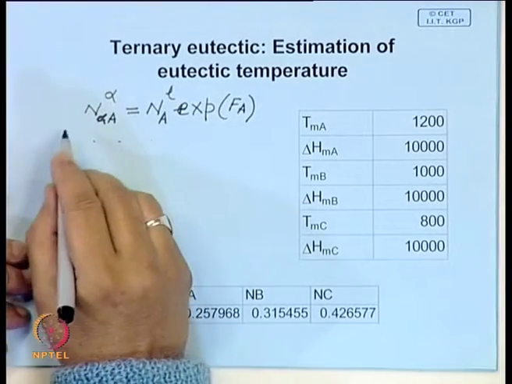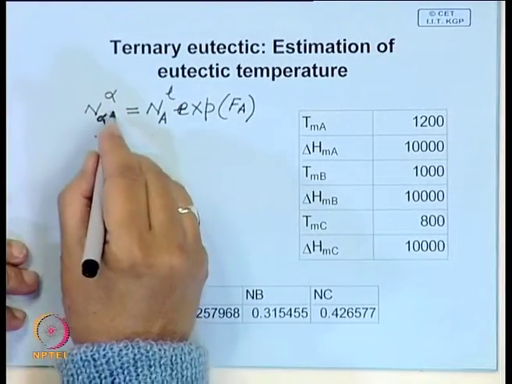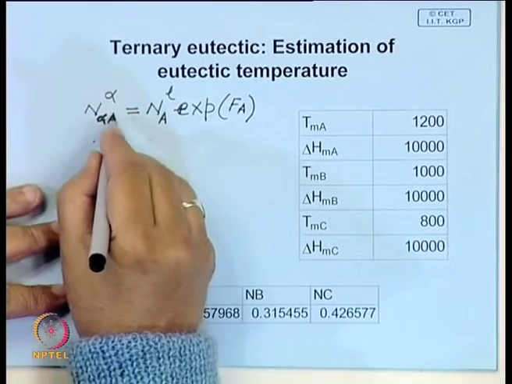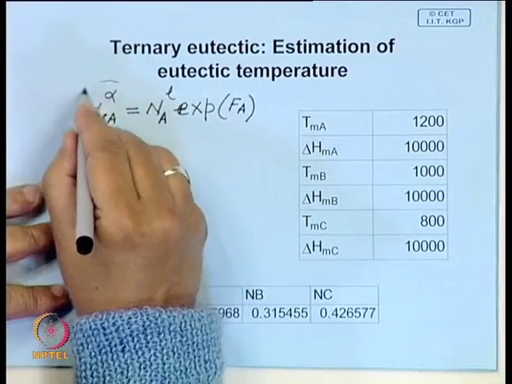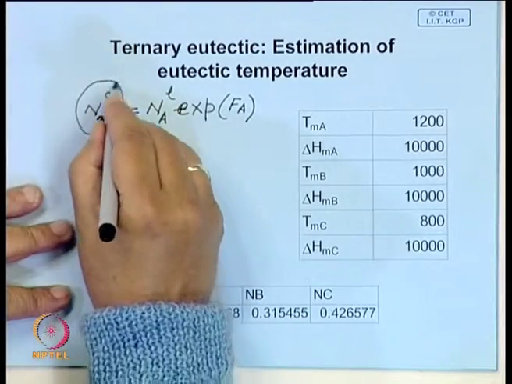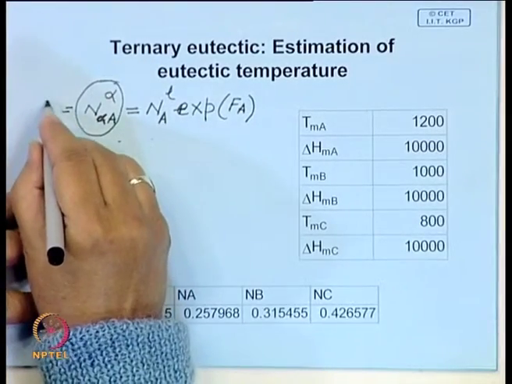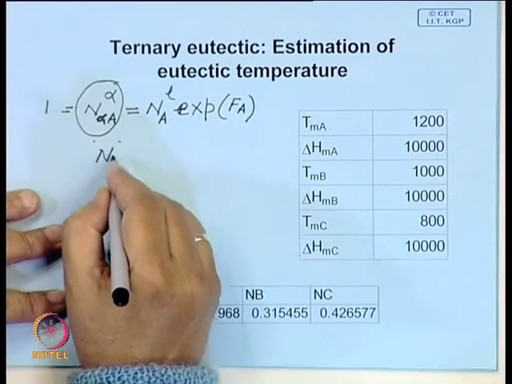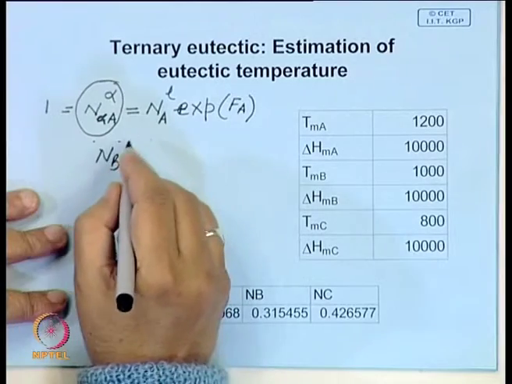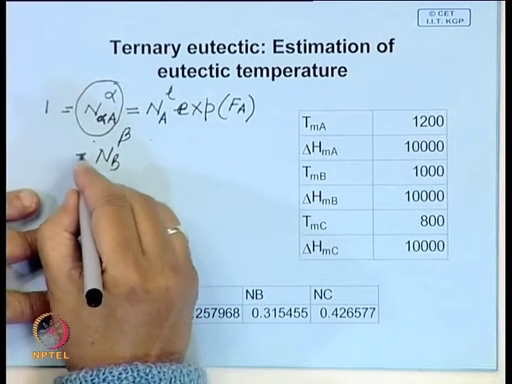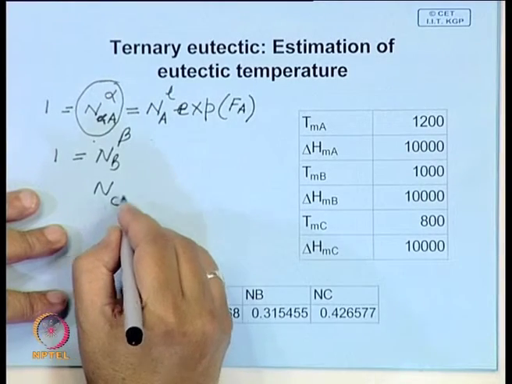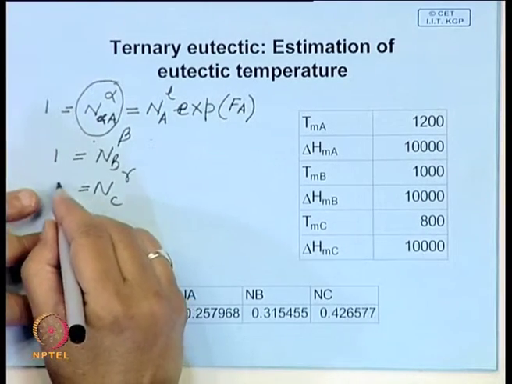Here let us try and simplify it even further. We assume that alpha is pure A, so that means we assume N A alpha is equal to 1. Similarly, N B beta is equal to 1, N C gamma is equal to 1.